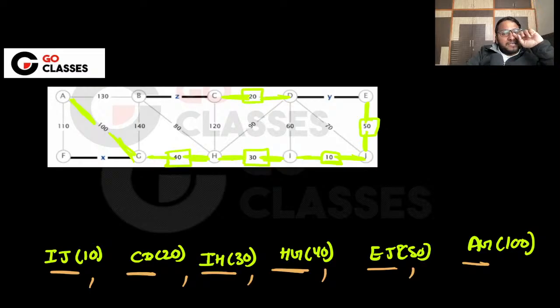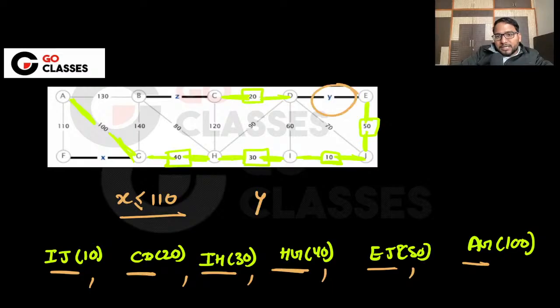See, this is a very interesting and very nice problem also. X will be lesser than or equal to 110, right? Because this is forming a cycle. What about Y? Y is basically lesser than or equal to, this is forming a cycle.